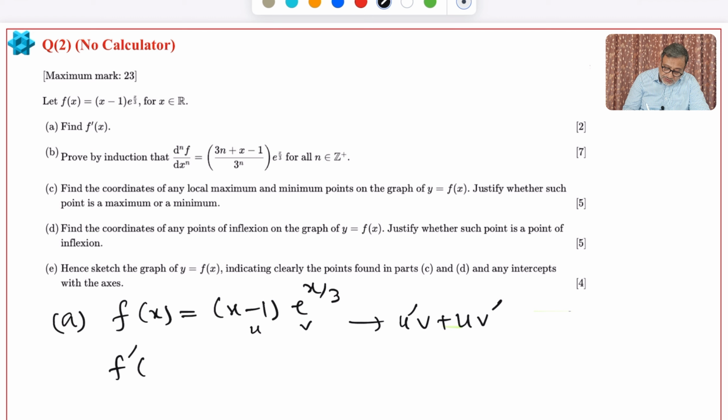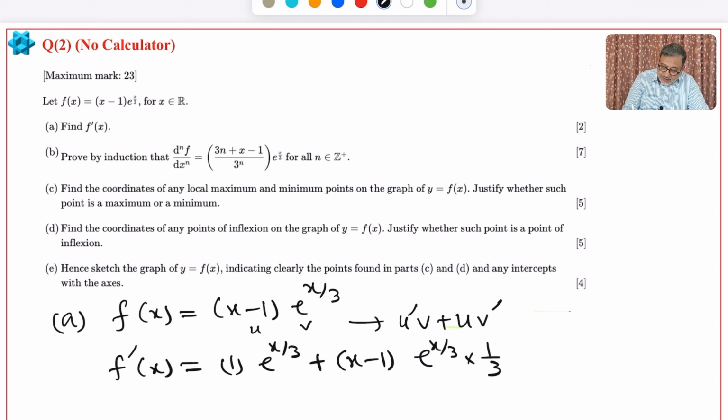So, f dash of x: u dash, derivative of x is 1, e raised to x by 3 as it is, plus now u as it is, means x minus 1 as it is, e raised to x by 3 will remain, but into the derivative of the power, which is 1 by 3, right? So, therefore, this becomes e raised to x by 3 into bracket 1 plus (x minus 1) by 3.